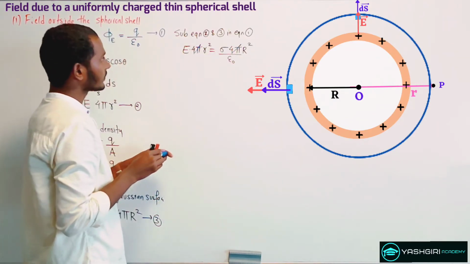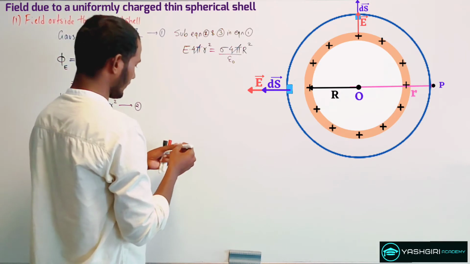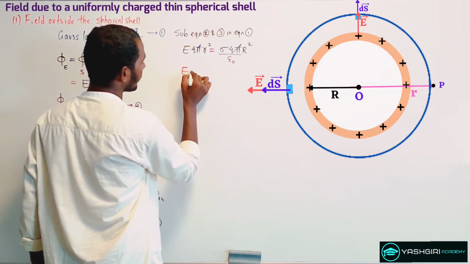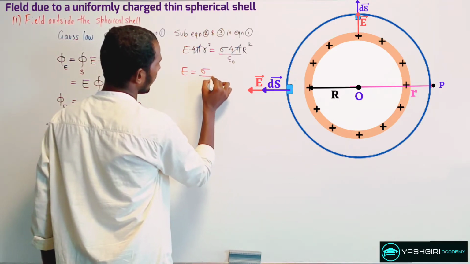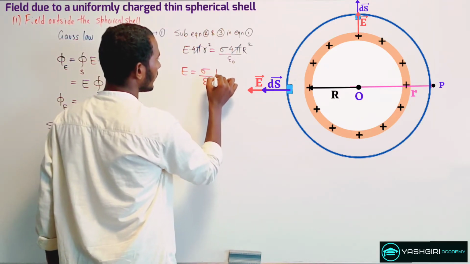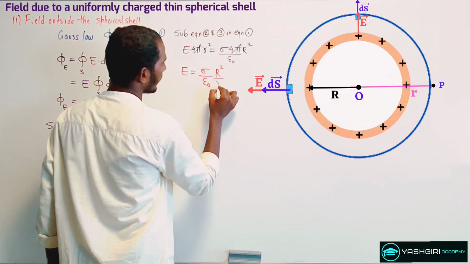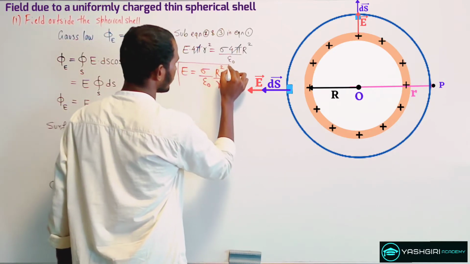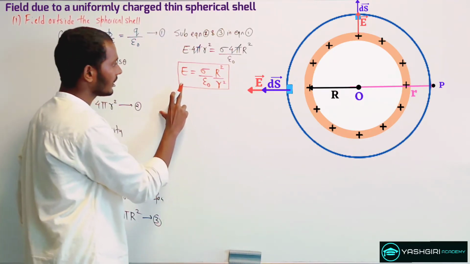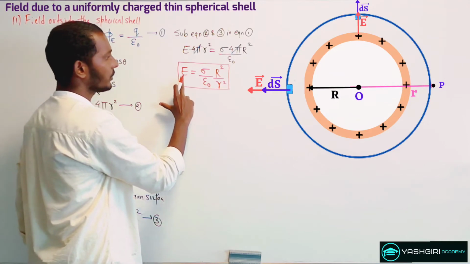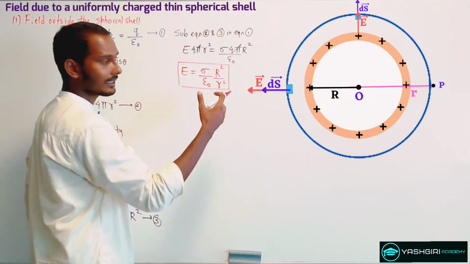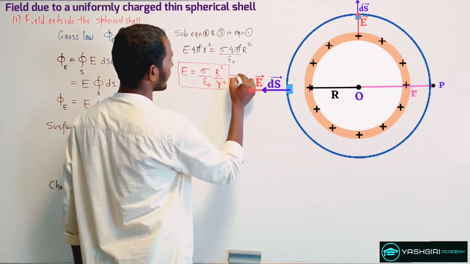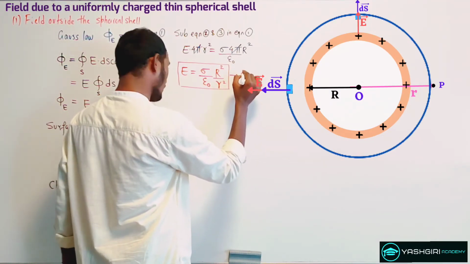What I am left with is the electric field E equal to sigma upon epsilon naught into R square by small r square. This is the equation to make a note of. This gives the electric field at any point P lying outside the thin spherical shell. Let me mark this as equation 4.